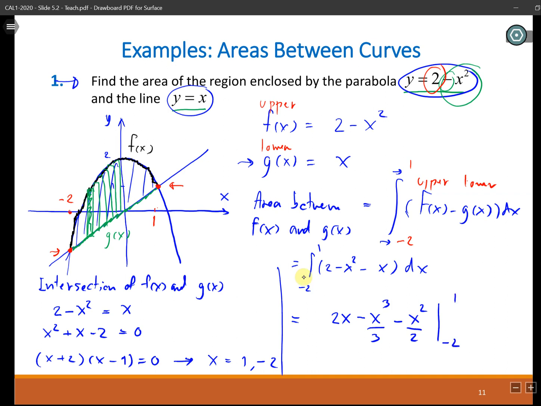and 1. So 1 goes in, this becomes 2 minus 1 over 3 minus 1 over 2. Then minus 2 goes in. This becomes minus 4. This becomes plus 8 over 3. It becomes plus because it cancels with the minus sign from 2.